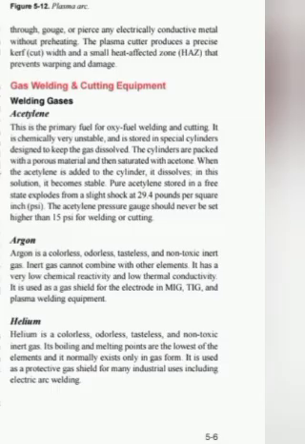Argon. Argon is a colorless, odorless, tasteless, and non-toxic inert gas. Inert gas cannot combine with other elements. It has a very low chemical reactivity and low thermal conductivity. It is used as a gas shield for the electrode in MIG, TIG, and plasma welding equipment.